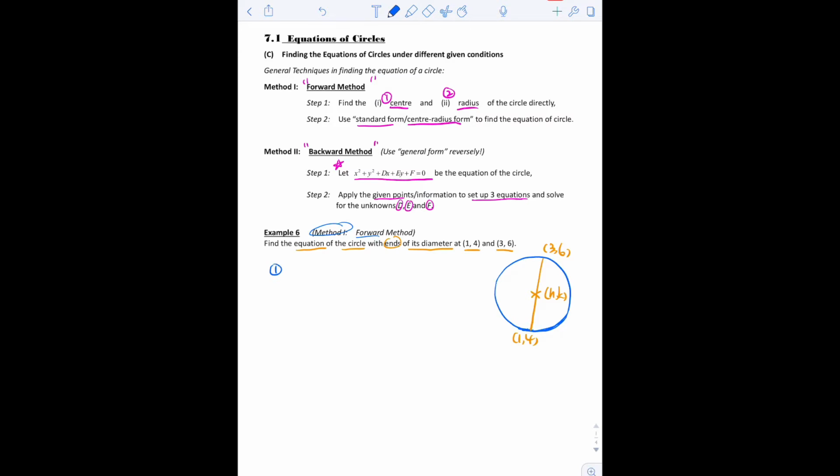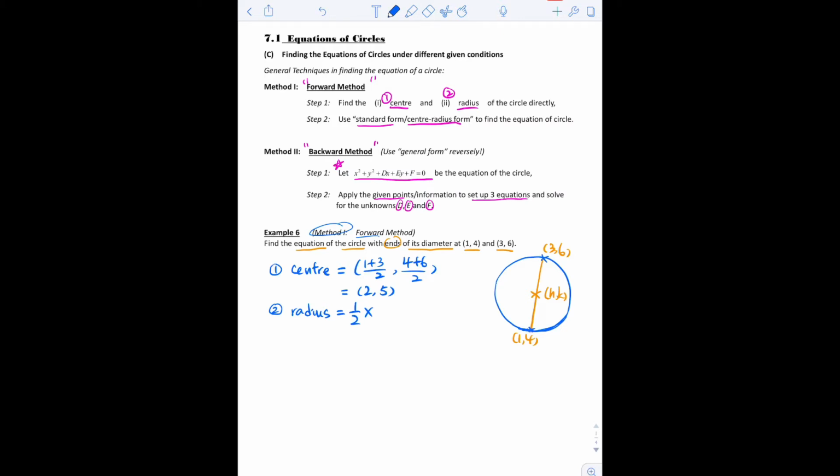So first, we try to find the center by using the midpoint formula. Here we have h equals (1 plus 3) over 2 and k equals (4 plus 6) over 2. So the coordinates of the center are (2, 5). Second, we can find the radius. It is just half the length of the distance between the two endpoints of the diameter.